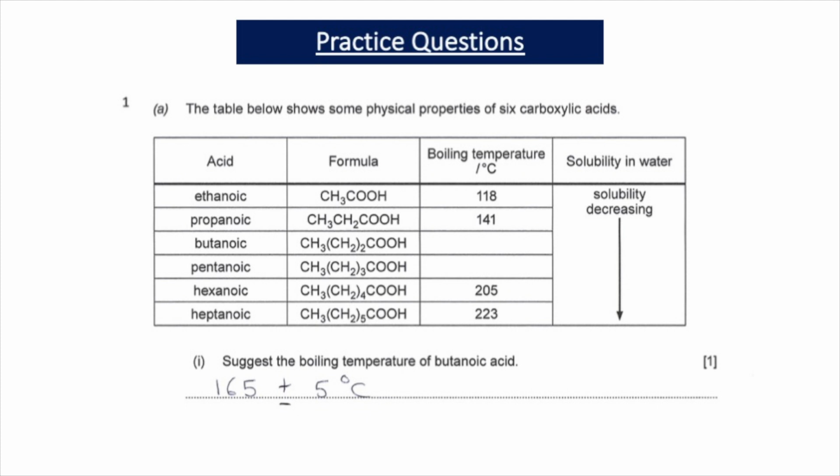So hexanoic acid has 3 additional CH2 groups compared to propanoic acid, and there's a 64 degrees C difference. So roughly there's a 21 degrees C difference for every CH2 group. So if you add 21 degrees C to propanoic acid's boiling temperature, you will get 162, and the examiner accepted 165 plus or minus 5 degrees C.